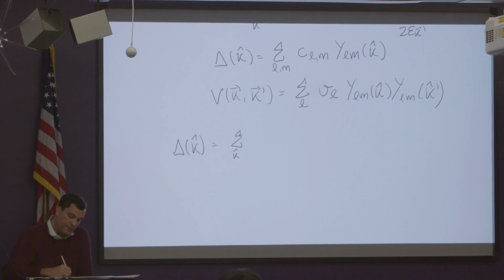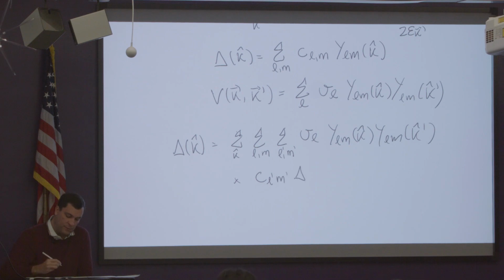So then I have here a sum over L and M, and I need also L prime and M prime. For the momentum, I get V_L Y_LM(k), Y_LM(k prime), now times C_L'M', Y_L'M'(k prime).